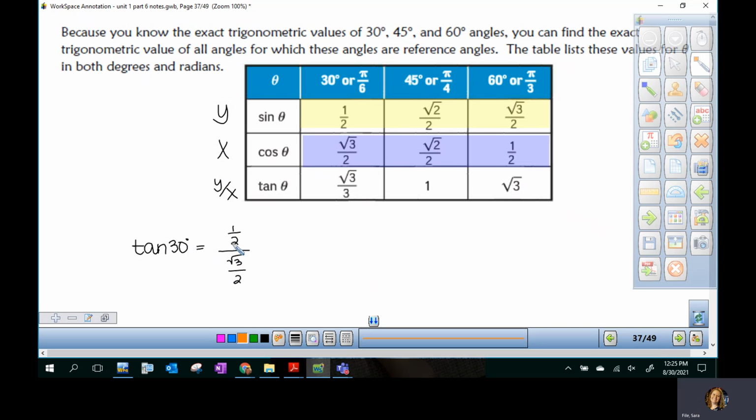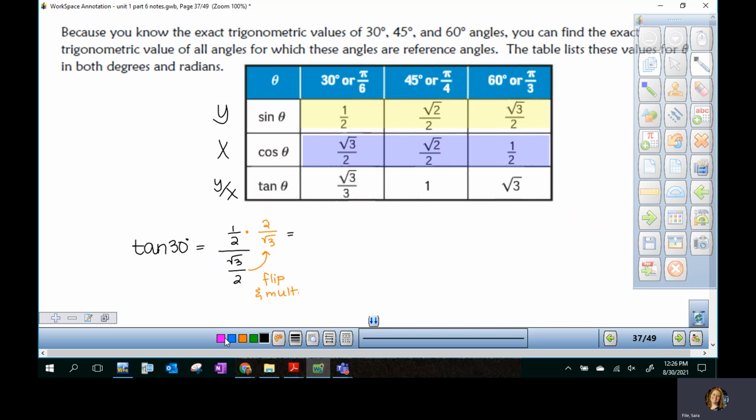So you take the second, that's the denominator, you flip it and multiply. So instead of square root of 3/2, it's going to be 2 over square root of 3. So flip and multiply. Now when we do that, we get 2.